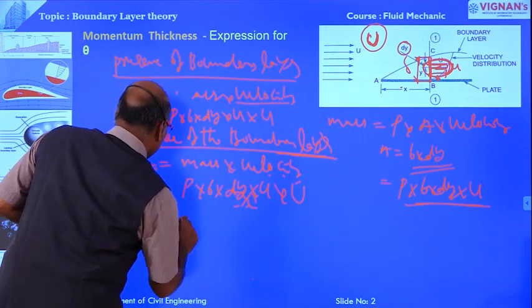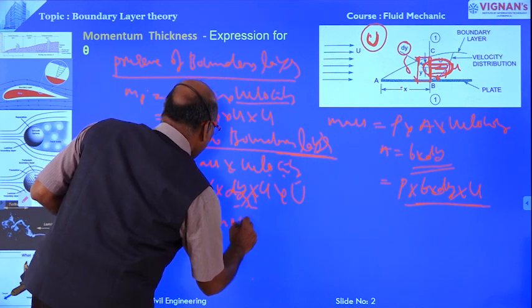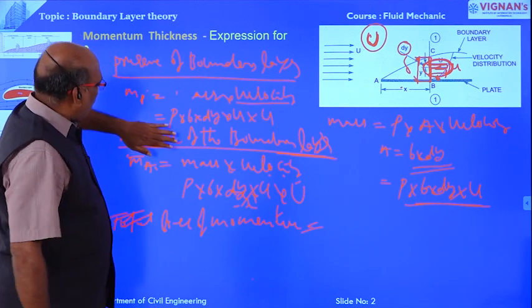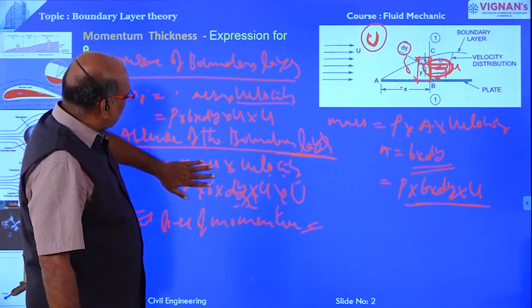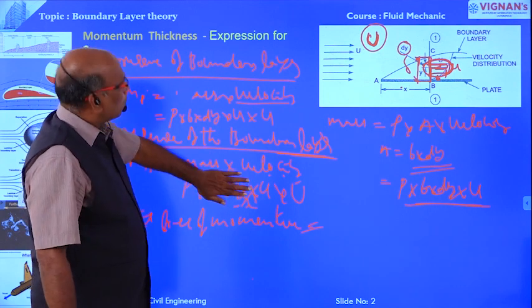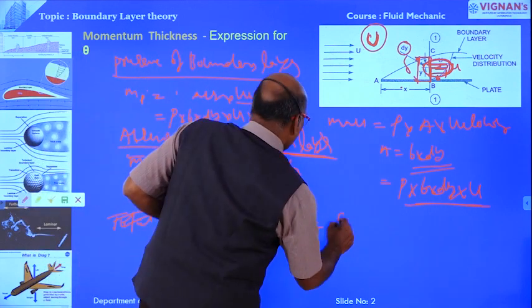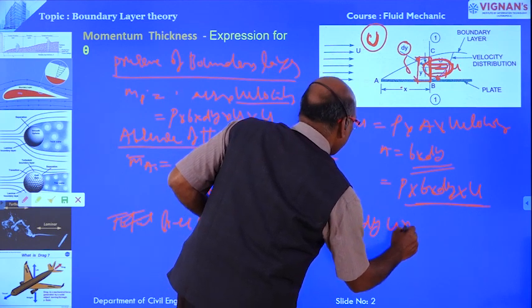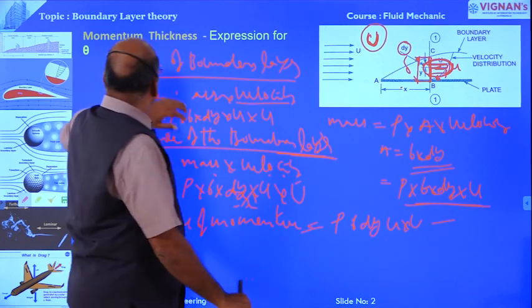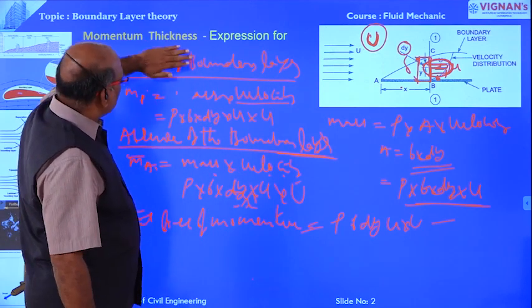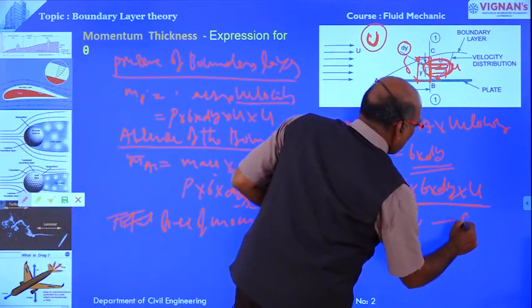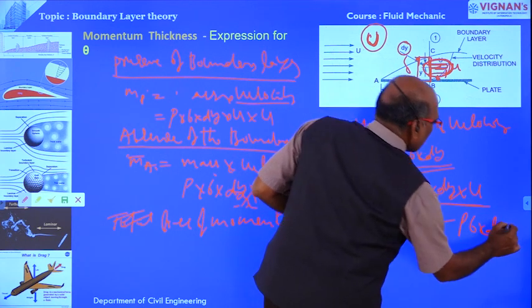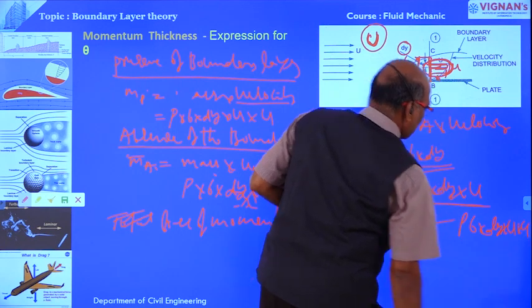Loss of momentum is equal to the momentum of the flowing fluid in the absence of the boundary layer, rho b dy small u into capital U, minus the momentum in the presence of the boundary layer, rho b dy u into small u.